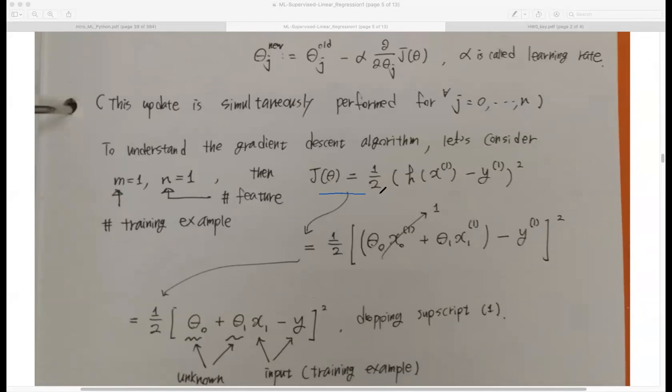Then j of theta is going to be half of h of x super 1 minus y super 1 squared. And h of x super 1 is theta 0 times x sub 0 super 1, which is 1, so theta 0 plus theta 1 x sub 1 super 1, minus y super 1. Let me drop the superscript parenthesis 1.